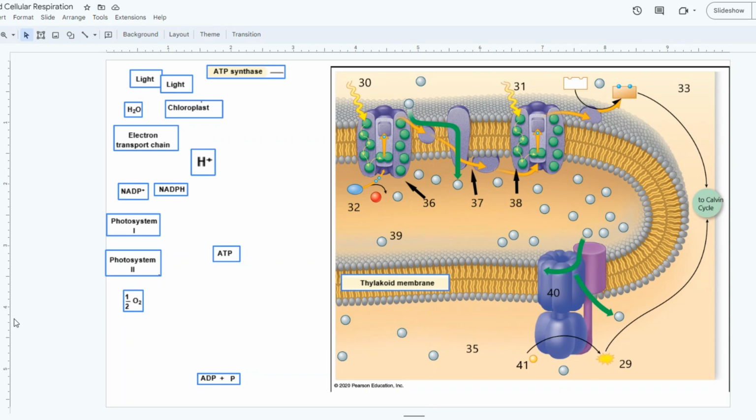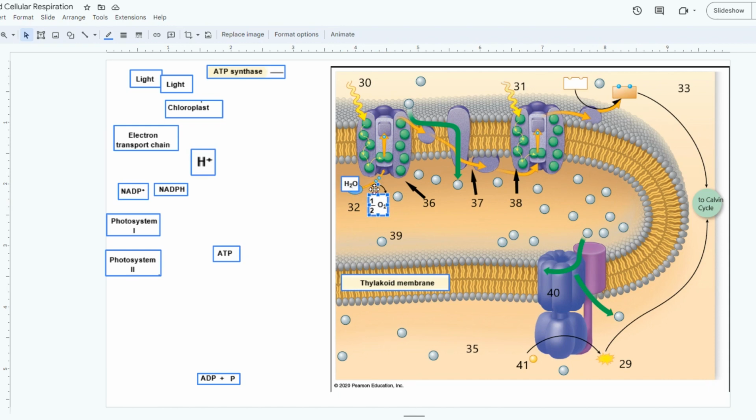To pull us back, so hydrogen, there's our little hydrogen down here, and then our little oxygen, and it's only a half of one, so that's one oxygen molecule per water. And what the water is doing here, I just want to point that out, the water is providing electrons.